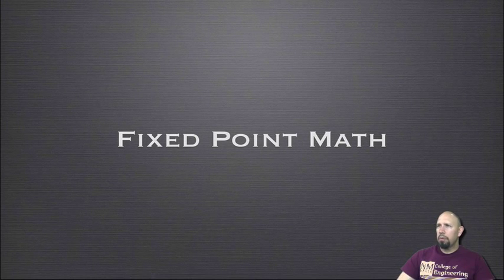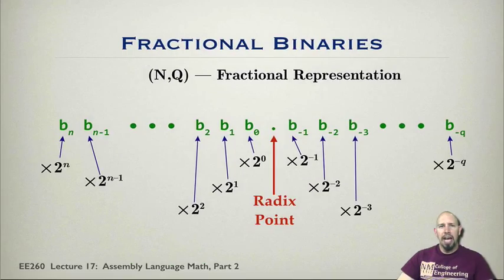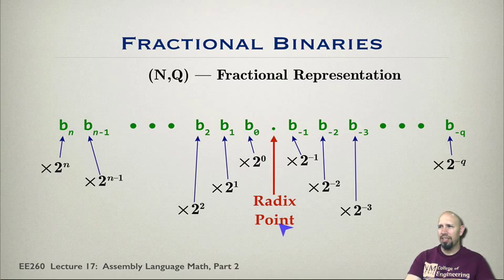Next, we give a brief discussion on fixed point math. In fixed point math, we have what are called fractional binaries. Again, we saw with the fractional binary that you can have parts to the left of what we often refer to as the decimal point. The technical definition is that it's the radix point.